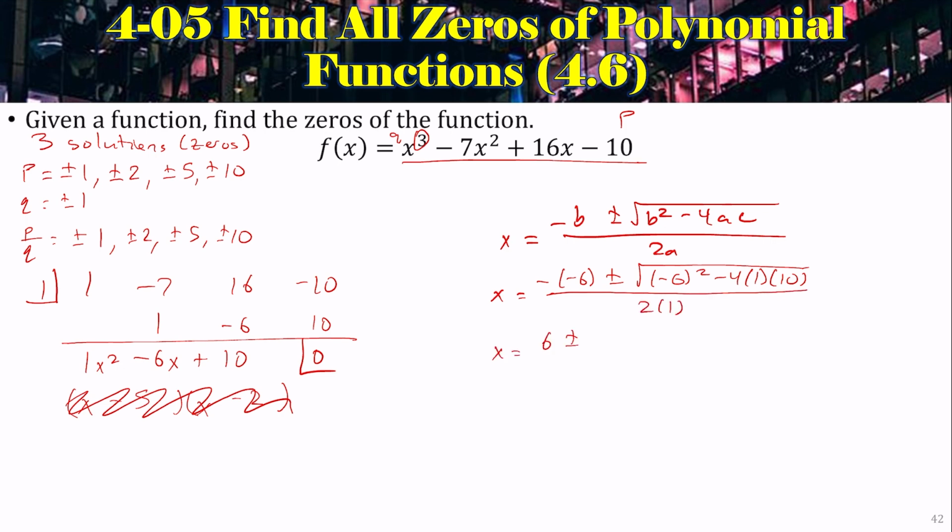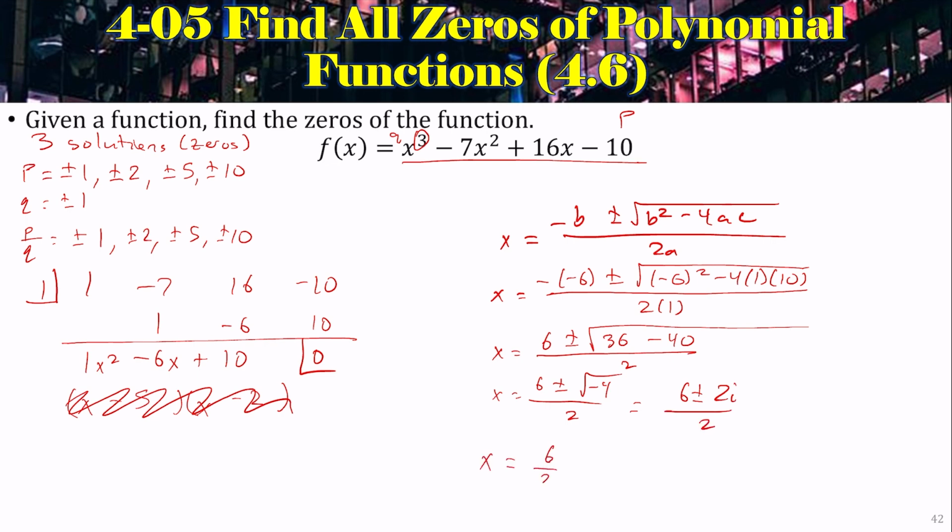So it's 6 plus and minus the square root of 36 minus 40. It's negative 4. So that is 6 plus and minus 2i, over 2. Split it up, so it'll be 6 over 2 plus and minus 2i over 2, or 3 plus and minus i.